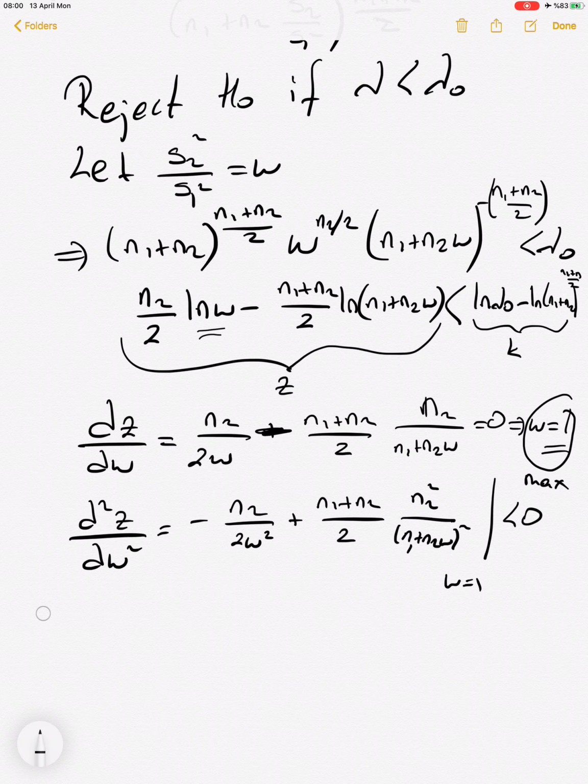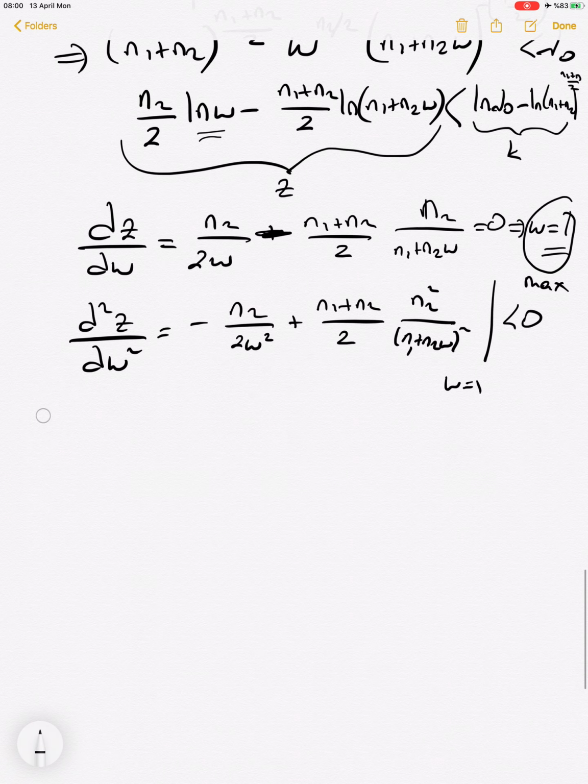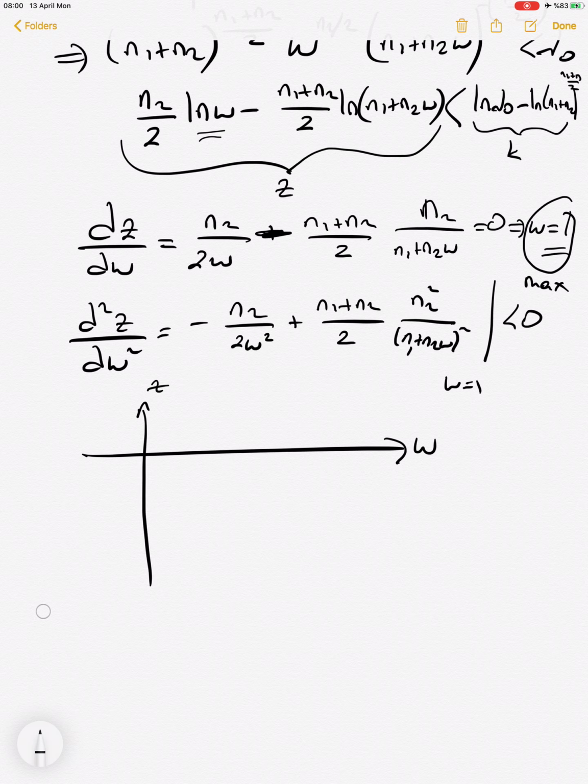So we have a negative z value at the peak. Okay, so let's draw w versus z. Then we have something here, and this is the peak point where lambda is 1. And let's say this is our k. So this is our rejection region in terms of z.